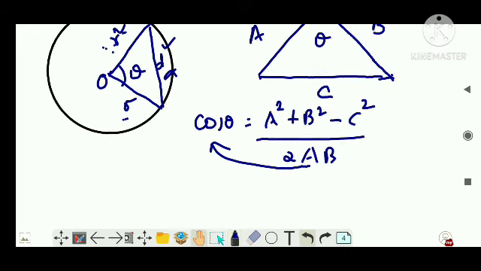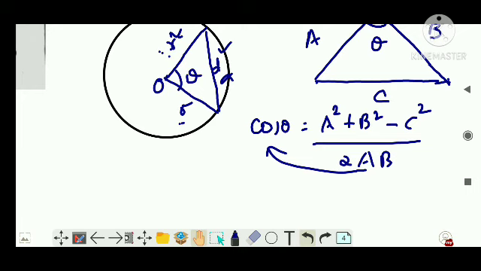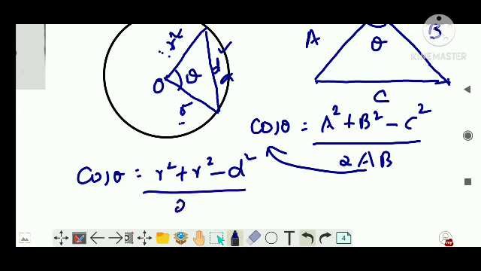Now the cosine formula is not taken in detail in your syllabus, but I'm just telling you. In this figure also I can apply the cosine formula, right? So what becomes cos theta? In place of A and B, that is r and r. So it is r squared plus r squared minus d squared divided by 2r squared. Just substitute it, guys.